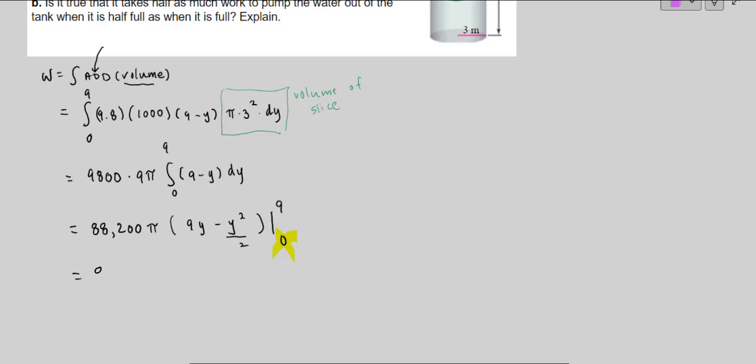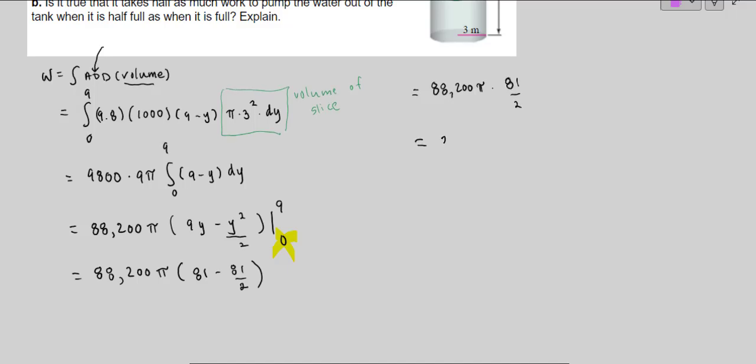Plugging in the 9 will give us 81 minus 81 halves. Whoops, that's going to be a 2 down there. So 81 minus 81 halves. Well, that's going to be 81 halves. Let's come up here. So we're going to have 88,200 pi multiplied by 81 halves.